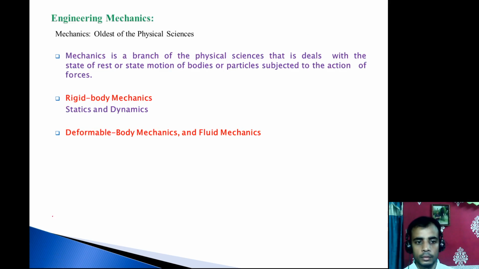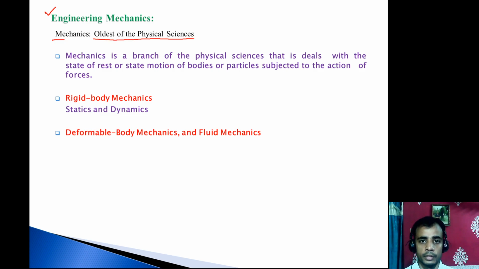So first, let me introduce the subject of engineering mechanics. Engineering mechanics is the oldest of the physical sciences.